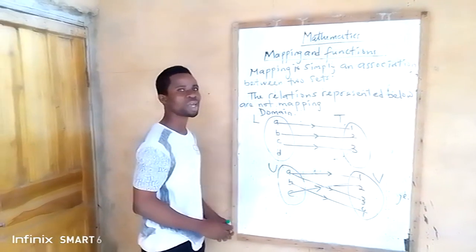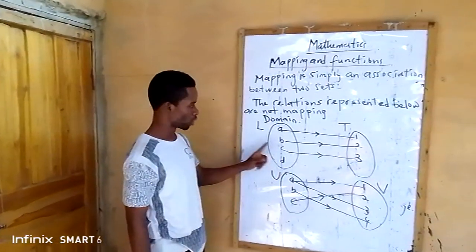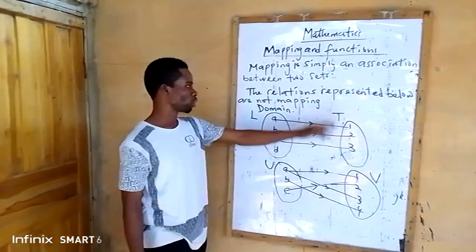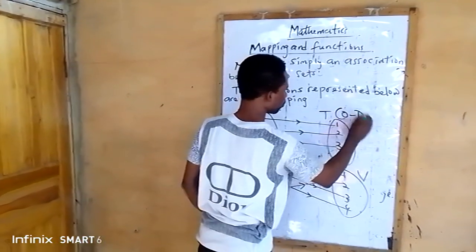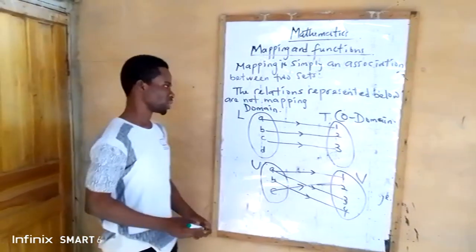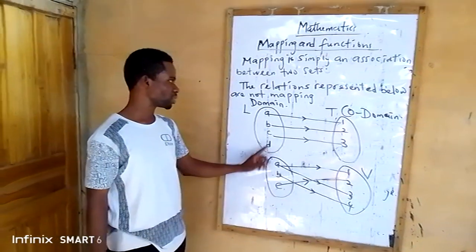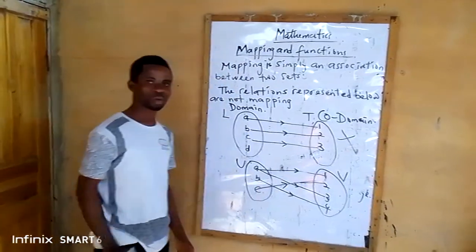Because no element is allowed to be left out in domain. And if you look at this diagram here, D is left out. None of the elements in codomain is paired with D. And in that case, this diagram is no more a mapping and function.